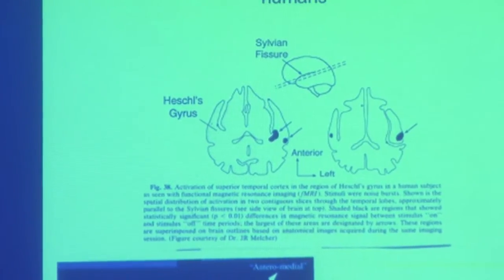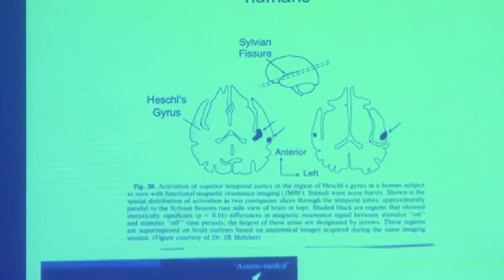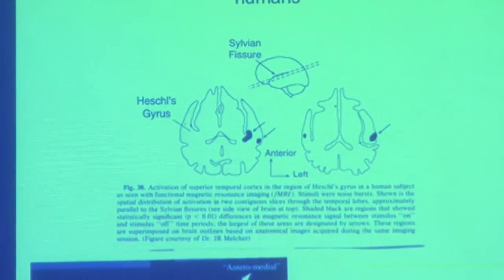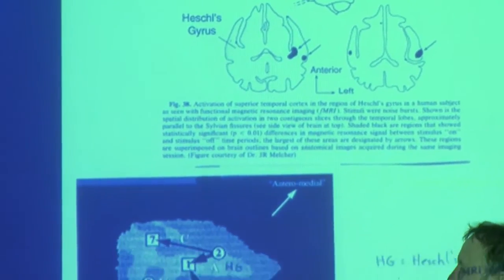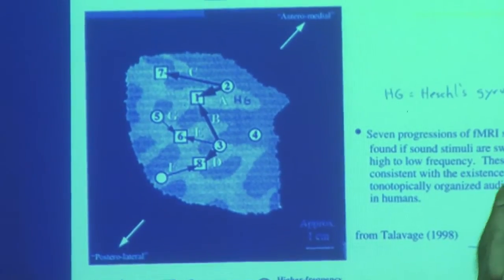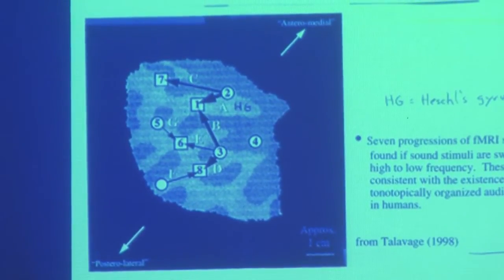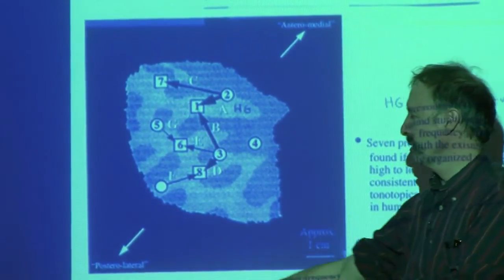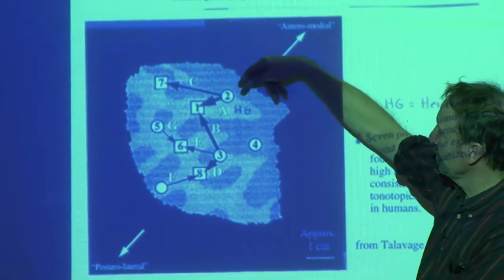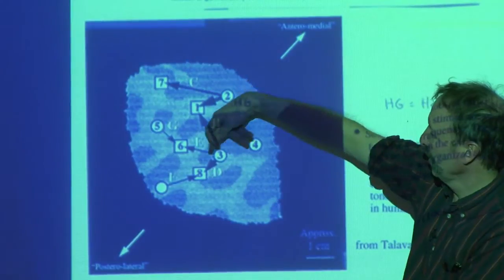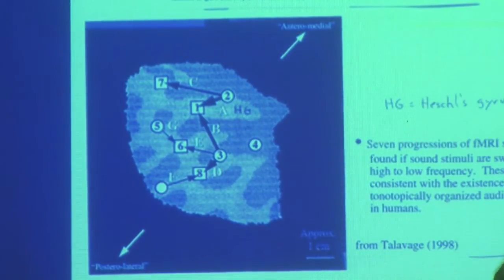You can use different frequency sounds and change the frequencies in a progression from high to low. You can draw the progressions that you see in imaging signals, and that's what's drawn with these arrows.